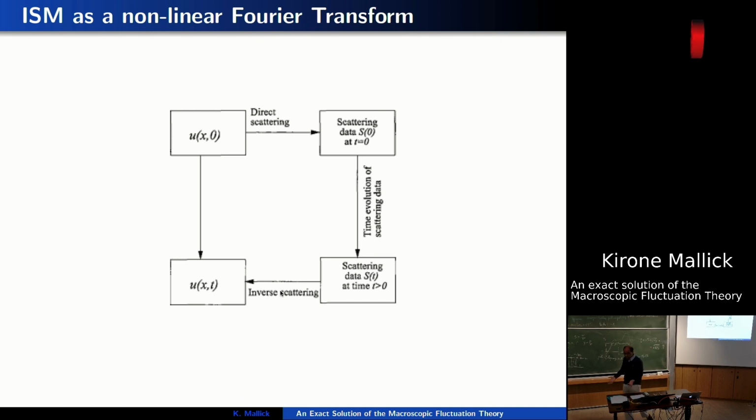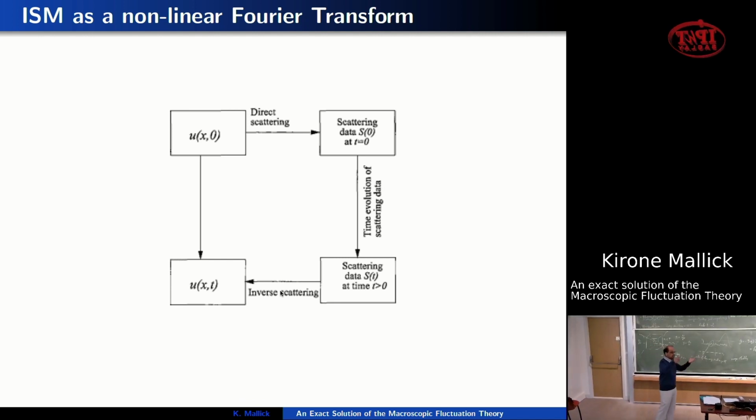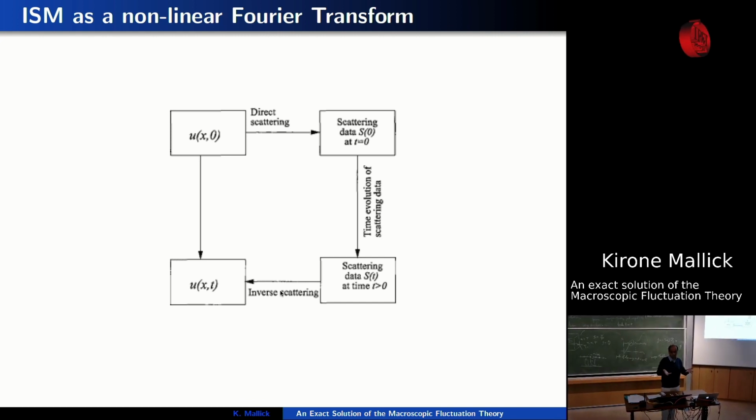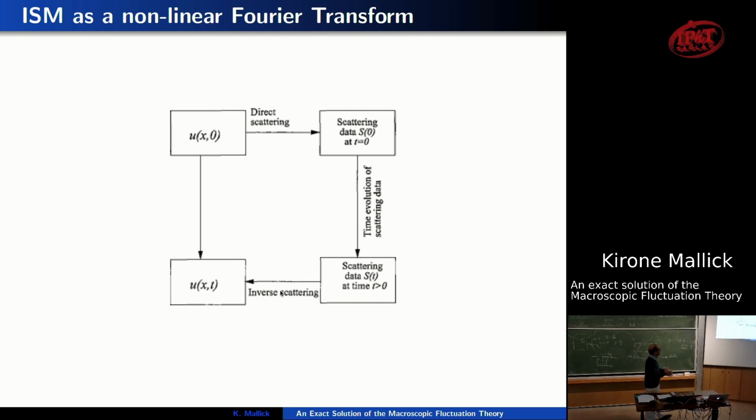You evolve the plane waves like exponential minus 4dk squared t for the heat equation, or e^{-ik^2 t} for the Schrödinger equation, and at a given time you recompose your plane waves or your eigenfunctions to reconstruct your wave function. So it's the same thing, and in fact it's mathematically precise. You can show that when the nonlinear term in KdV vanishes, all this procedure boils down to the Fourier transform.